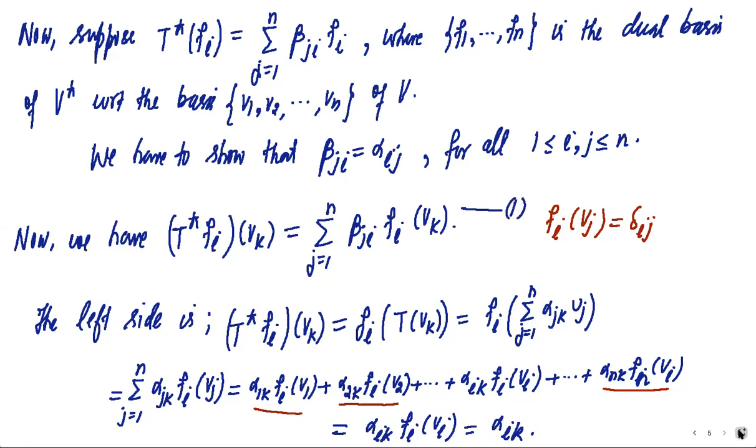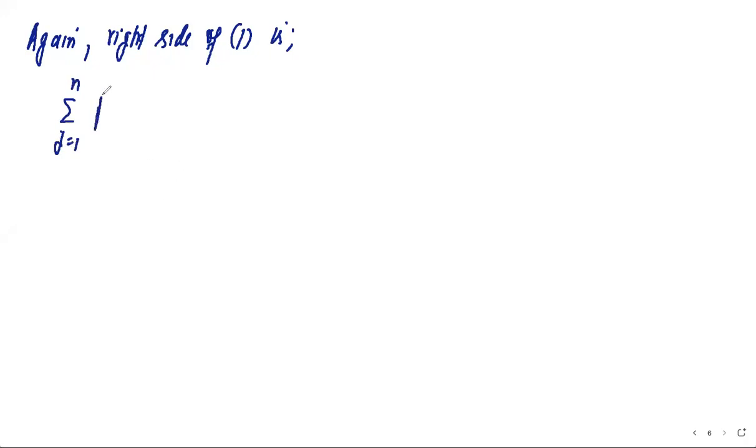Now let's look for the right hand side. The right hand side is summation j from 1 to n beta ji fj of vk.